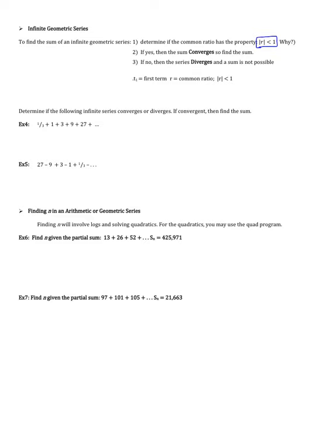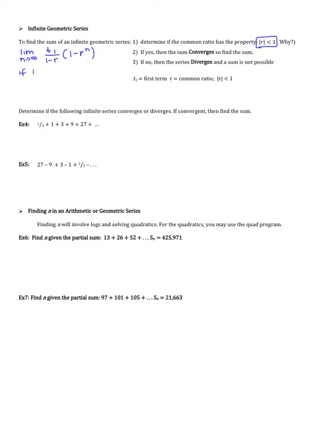And you're going to learn more about why this works in calculus. But for us, we're looking at the limit as n goes to infinity of T sub 1 times (1 minus r to the n) over (1 minus r). Okay?